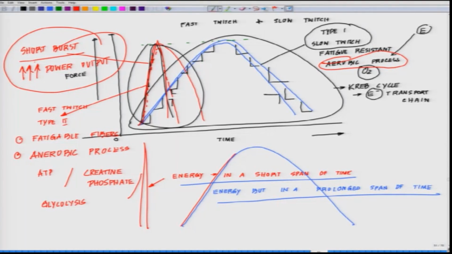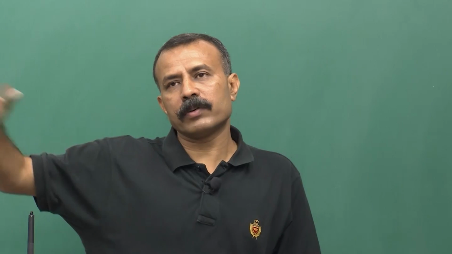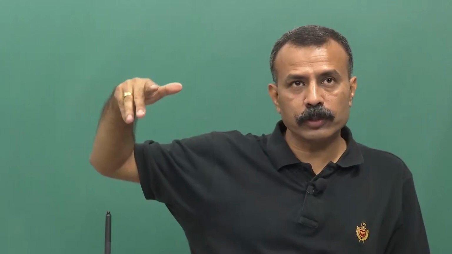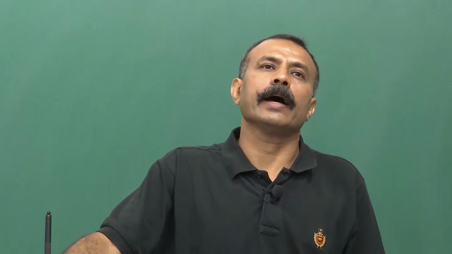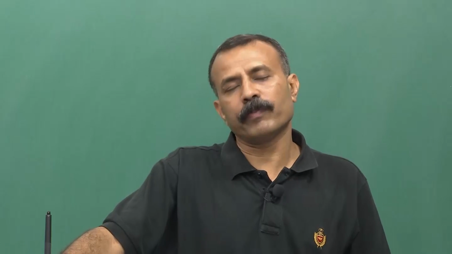Whereas, on the contrary, the slow twitch type are very prominent in marathon runners who are running slowly, because they have to cover some 45 miles of stretch, compared to a person running a 100-meter dash, where you really have to be very fast.